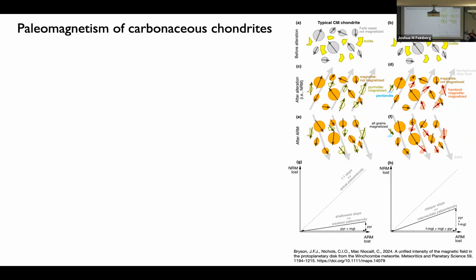Because the metal wasn't carrying a bulk magnetization originally, when it turns to magnetite, it's still not carrying a bulk magnetization, because it's more sensitive to the pre-existing magnetic state of the individual grains than it is to the external field that may be acting on it. So you have magnetite forming by oxidation of the metal, but not acquiring a remanence, basically.